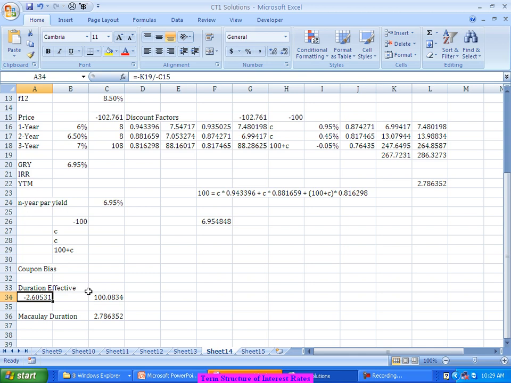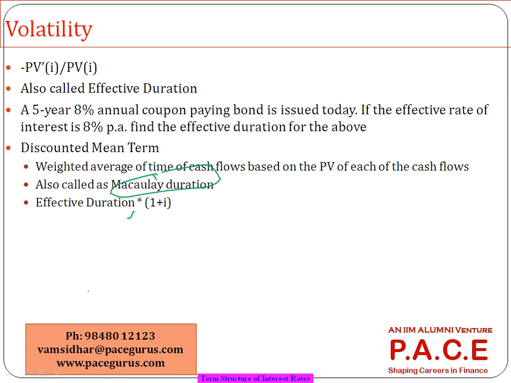So the higher the maturity duration associated with it, the higher is the riskiness associated, because this duration measures the average amount of time that it takes for the entire bond to mature.